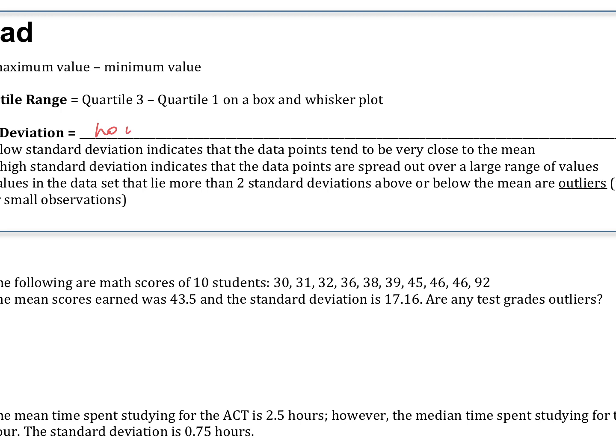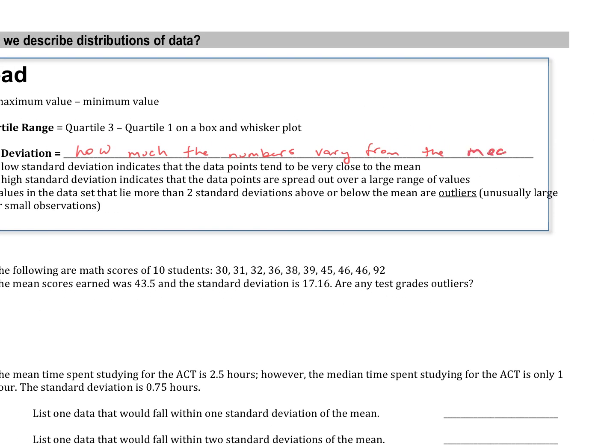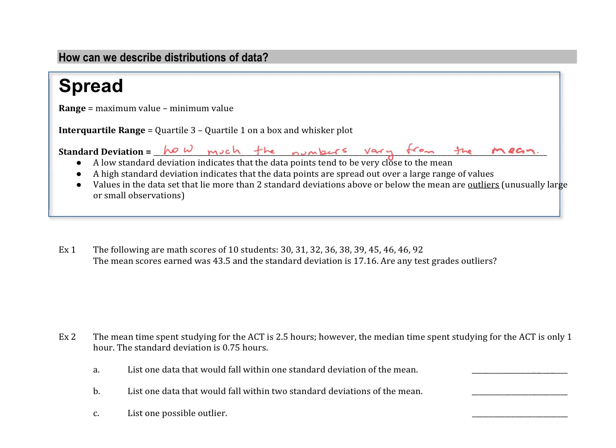This tells you how much the numbers vary from the mean. Again, very similar to mean absolute deviation, just a little bit harder to calculate by hand. And it's also a little bit more accurate than mean absolute deviation. So you will find that a lot of statisticians actually use standard deviation over the mean absolute deviation.